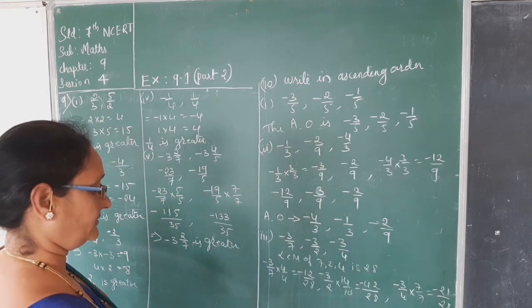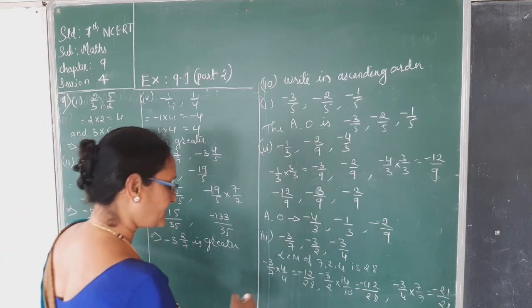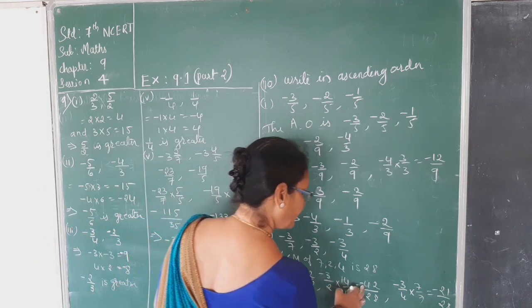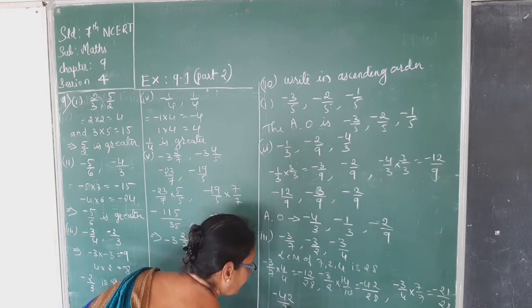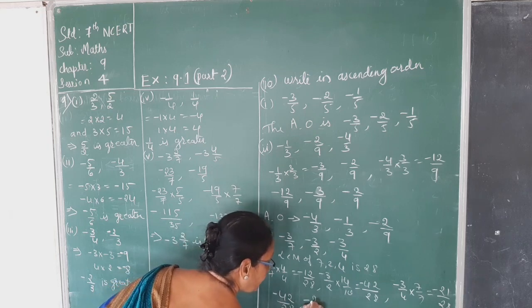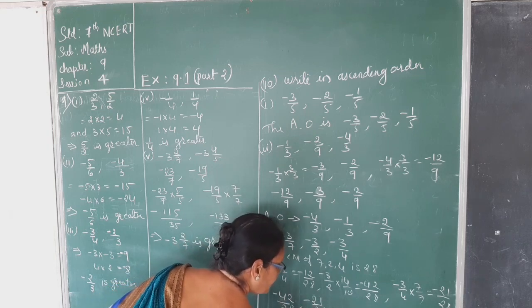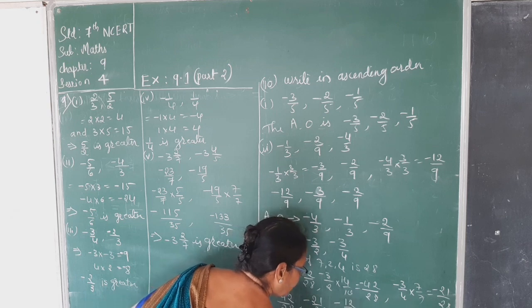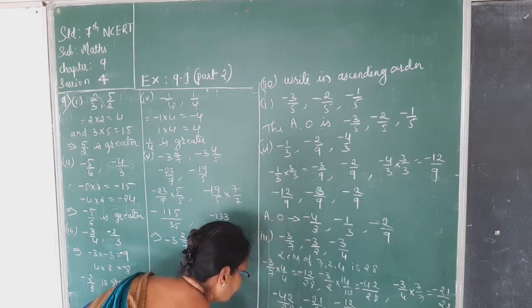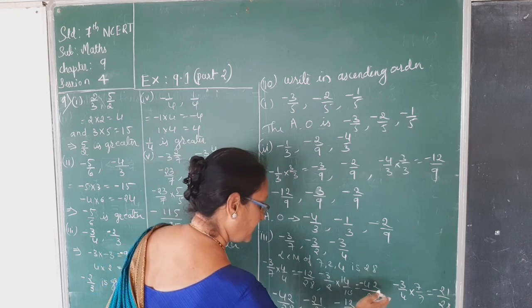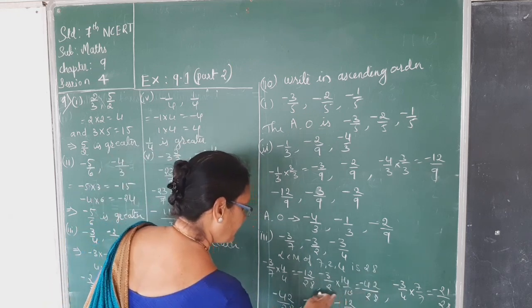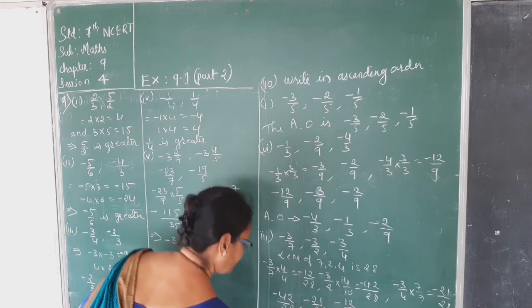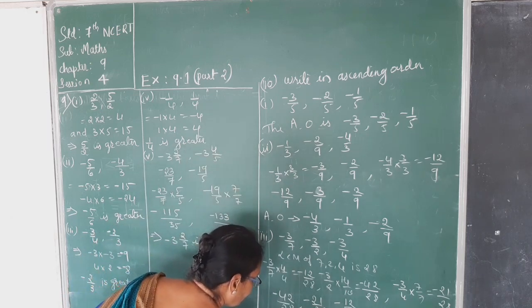Which is the smallest one here: minus 12, minus 42, minus 21. Minus 42 by 28, minus 21 by 28, minus 12 by 28. So this implies that minus 42 by 28 means minus 3 by 2.